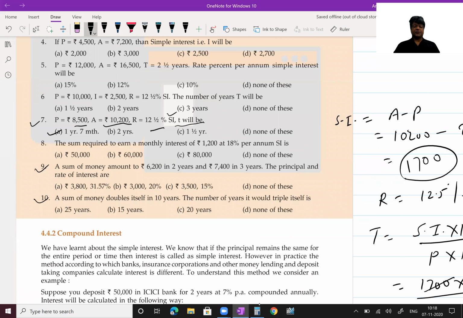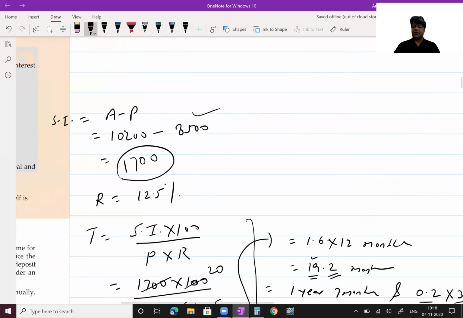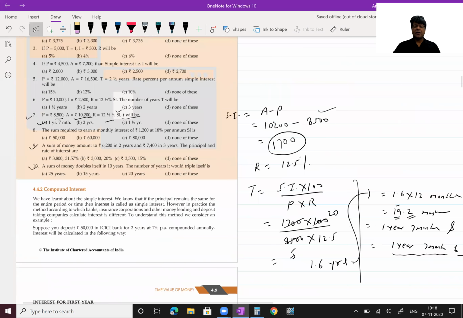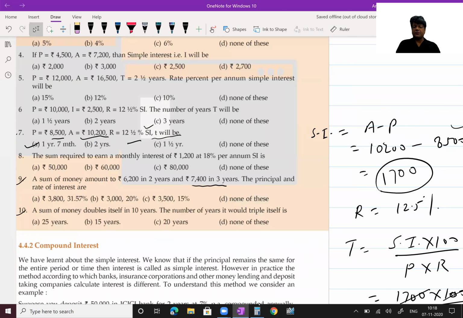Now, question number 9. Question number 9 is saying a sum of money amounts to 6200 in 2 years and 7400 in 3 years. So amount in 3 years is 7400, amount in 2 years is 6200. You know amount is equal to principal plus interest, and the question is of simple interest, so we will write principal plus simple interest.